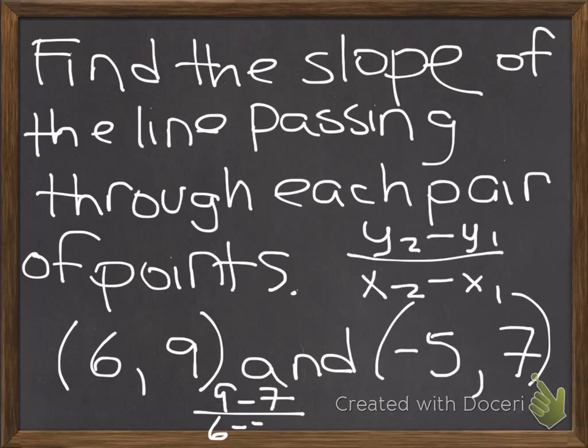So 6 minus negative 5. Also, something to keep in mind, slope is always subtraction, so it already starts out as subtracting, so that's why I needed to subtract a negative, which actually turns into addition. So I end up with 2 over 11.